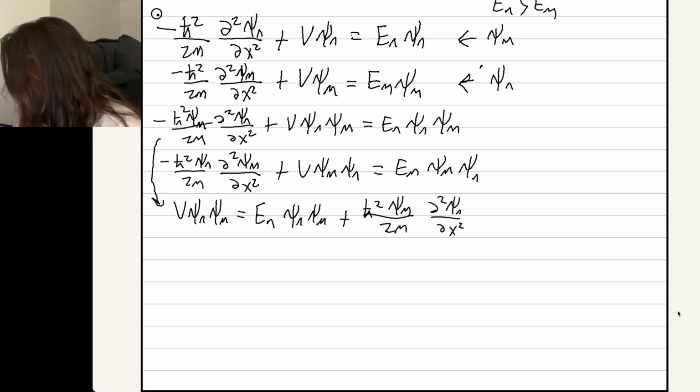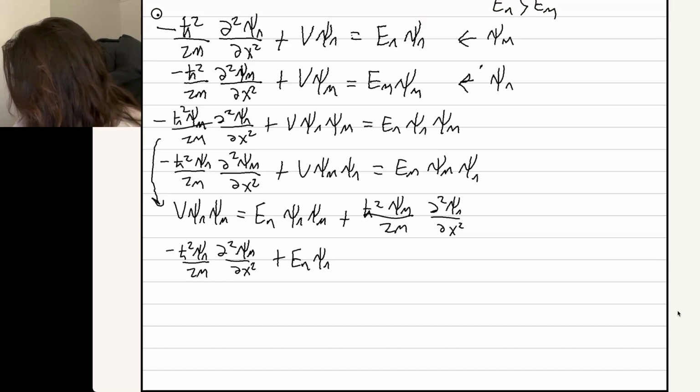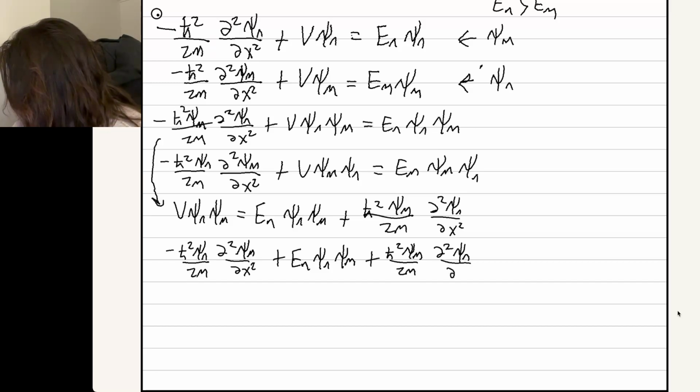And then we plug this into the second equation, which is now looking a little long, but it's fine because now we have En psi m plus h bar squared psi m over 2m del squared psi n del x squared equals Em psi m psi n.